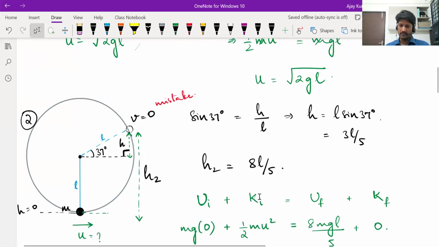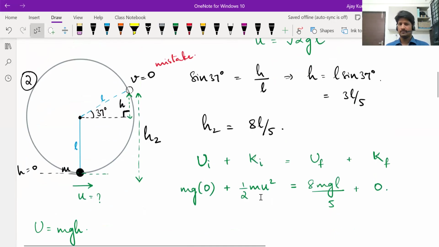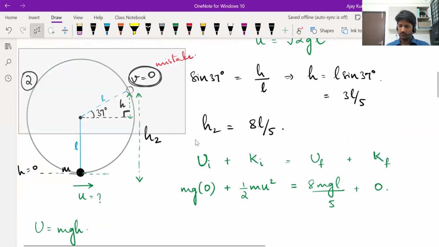Now the question that I asked you here was to find out the speed at the bottommost point, which will be able to take it to this angle of 37 degrees. Now we assumed V to be 0 at that position and so tried to solve the problem. That doesn't work. Fine. Now let's think of another idea to solve this problem.